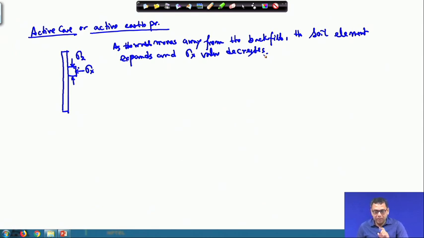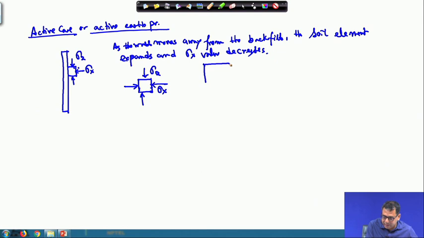If I take the element, this is sigma z and sigma x, because this is the z axis and this is the x axis. As the wall moves away from the backfill, what will happen? This element will expand, and the sigma x value will decrease.